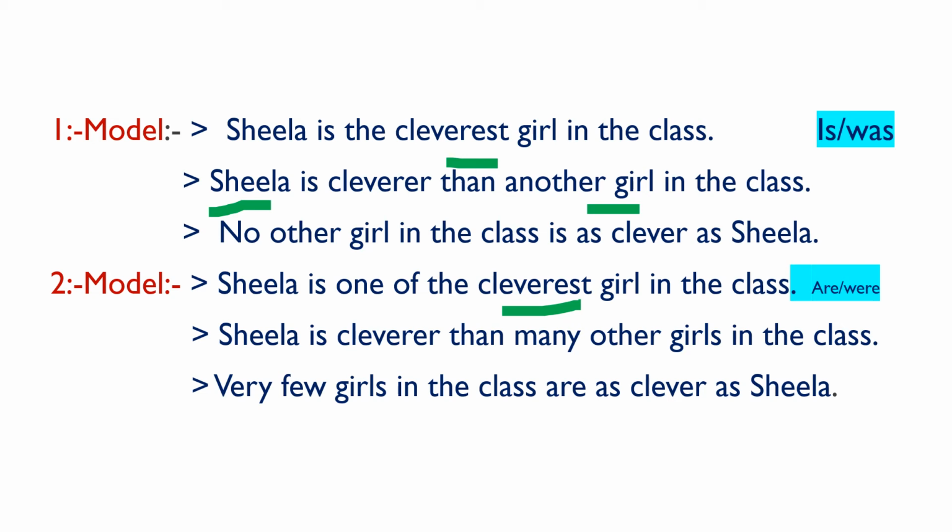Cleverer than many other girls. That is a comparison between Sheila and the other girls. Very few girls in the class are as clever as Sheila. That means very few girls are there like Sheila.